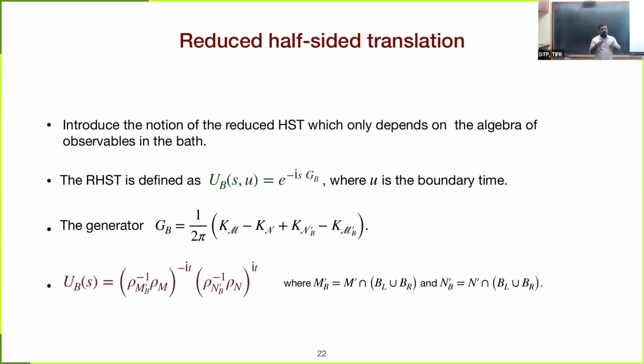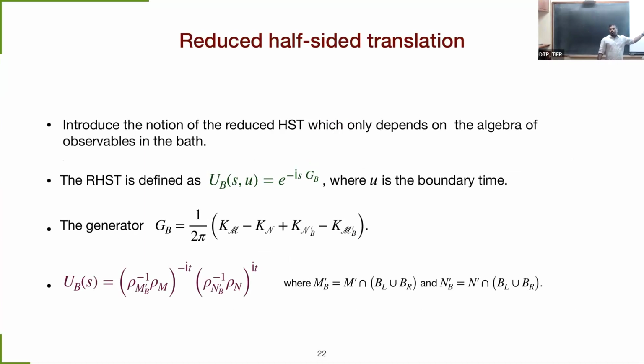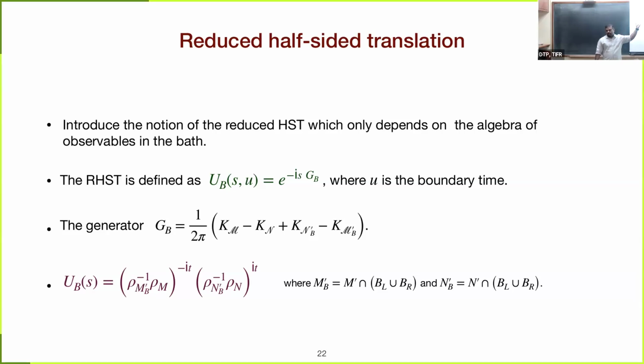Let's say you come up with a path integral description of this operator, and then see whether that description satisfies all the properties a half-circle translation should satisfy. Which I don't know. I haven't seen anybody construct it. But I'm going to assume that, okay, let's say this thing can be extended to the full JT gravity path integral.